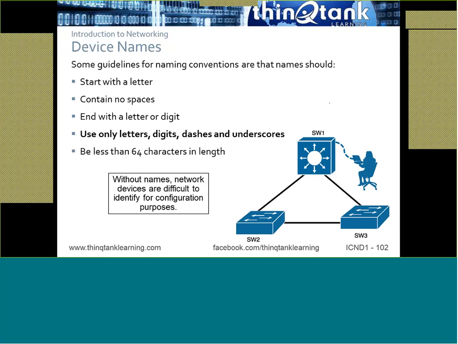It can contain no spaces, and it has to end with a letter or a number. And the only special characters you're allowed to have are a dash or an underscore. They can be 64 characters in length, but giving your device a name of 64 characters is not generally recommended. Okay?